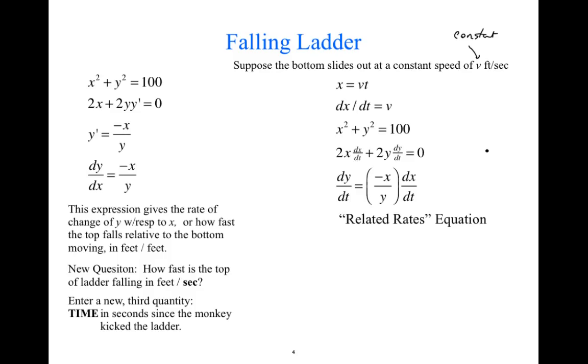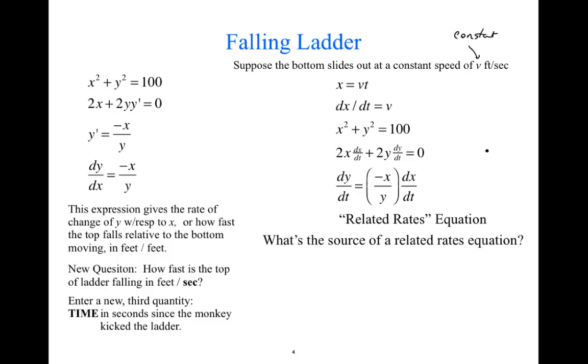It's an equation that relates more than one rate of change. So dy/dt is how fast the top of the ladder is falling down. dx/dt is how fast the bottom of the ladder is pushing out. Two different rates, okay? And as that thing falls, this equation will always hold true for any orientation of the ladder.